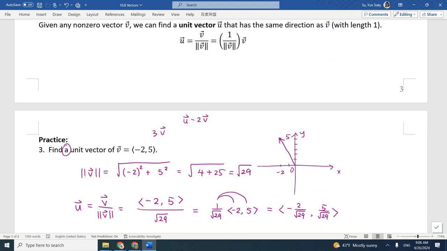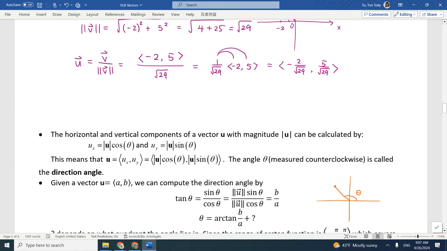Is that okay, everybody? So this is the unit vector. In the exam, if you write something like this, you haven't finished. Make sure you move this number inside the angle brackets so you get the component form of the vector. Is that clear, everybody?